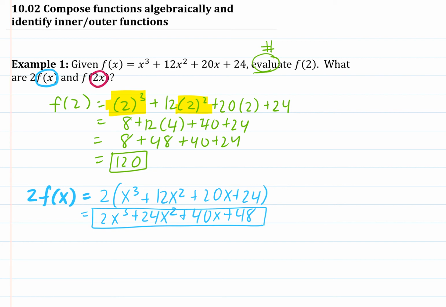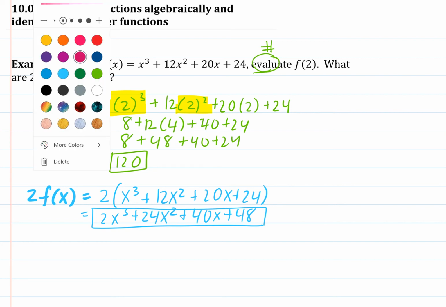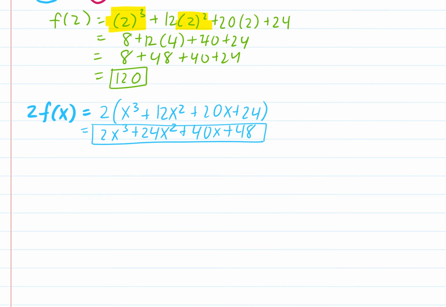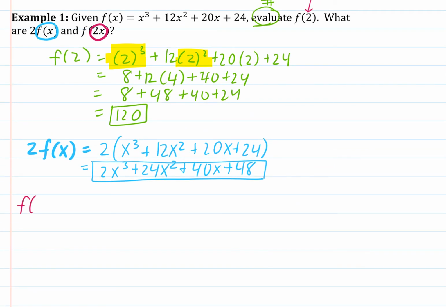Okay, finally f of 2x. I noticed that f of 2x looks just like f of 2 in the sense that we're substituting something in for the value of x, but this time I'm substituting in an expression. So I have f of 2x equals 2x cubed plus 12 times 2x squared plus 20 times 2x plus 24.